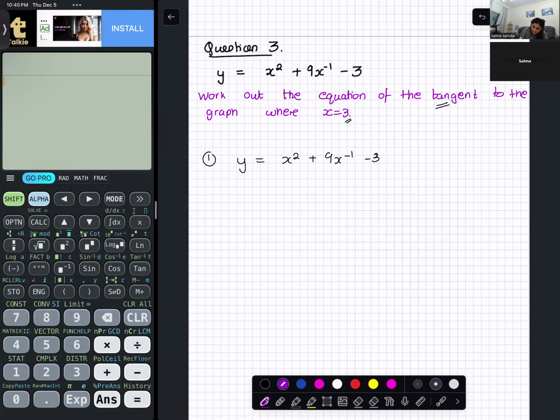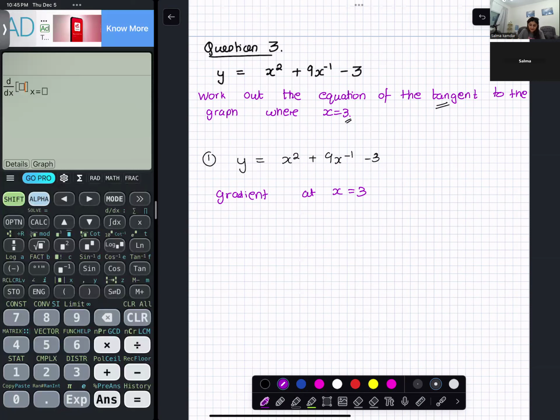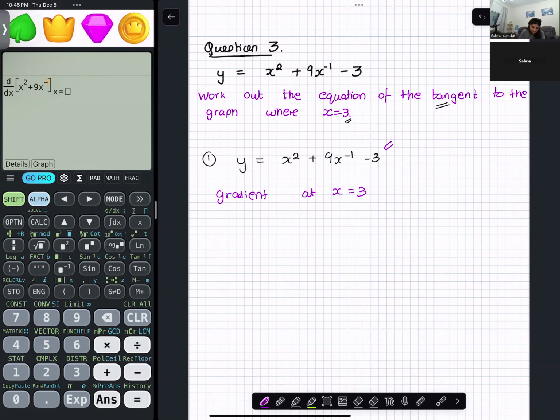The first thing I would do is find the gradient at x is equal to 3. How would I find the gradient at x is equal to 3? Put it in your calculator. You want the gradient of the function at x is equal to 3, so you use this formula with x squared plus 9x raised to minus 1.